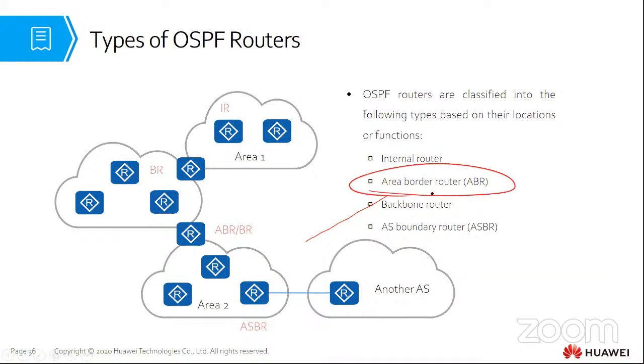Okay, the area border router, that's the one which is between area 2 and area 0, or area 1 and area 0. What if it is between area 4 and area 5?